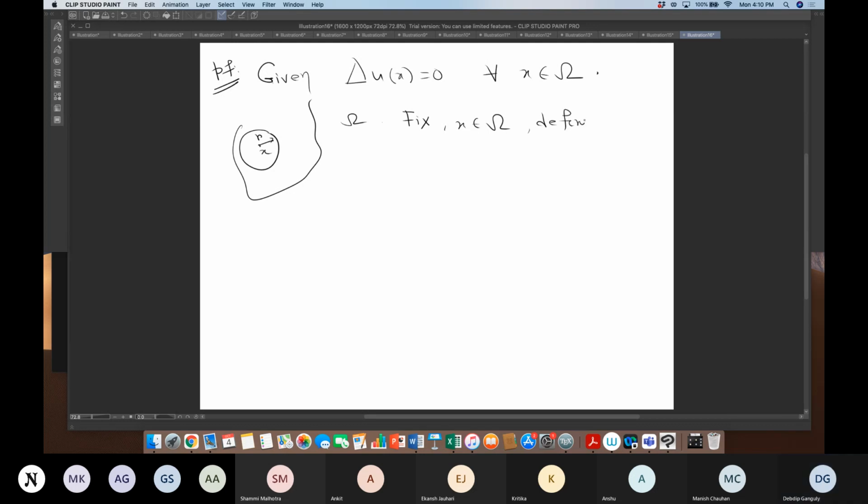Then for r positive, you can take any r such that B(x,r) is sitting inside omega. It doesn't matter which r you take; it will have the same u(x). That's the theorem.